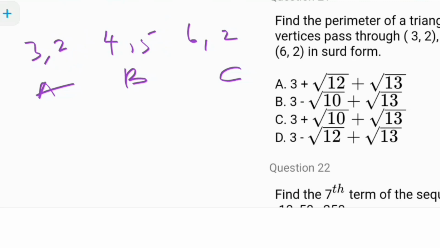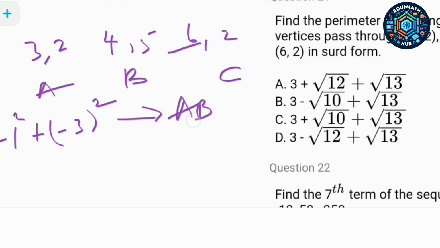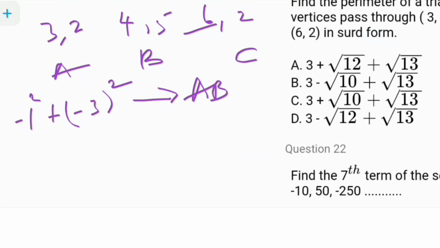So 3 minus 4 will give you minus 1. So you write (minus 1) squared plus (5 minus 2), or 2 minus 5, which gives you minus 3. So this is for the first one, the distance for AB. Then let's do AC. A and C: I need 3 minus 6, which gives me minus 3.